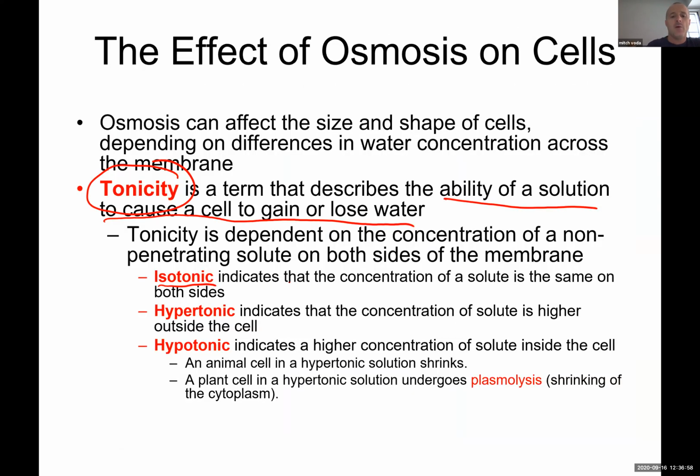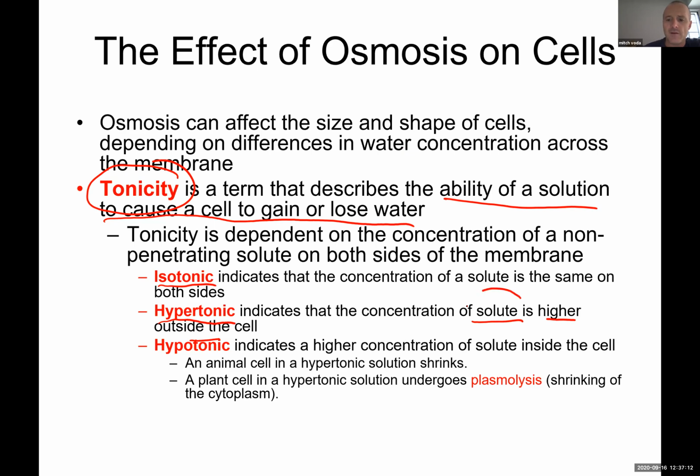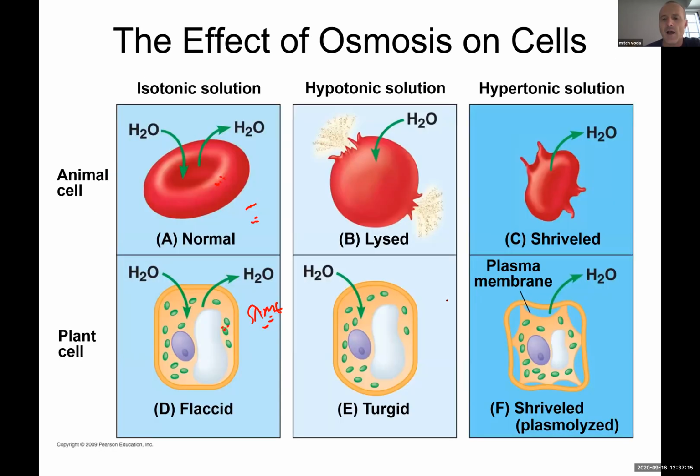When we have a hypertonic solution, it tells us that the solute is higher outside the cell. So now what is going to happen? An example would be, I just ate something very salty.